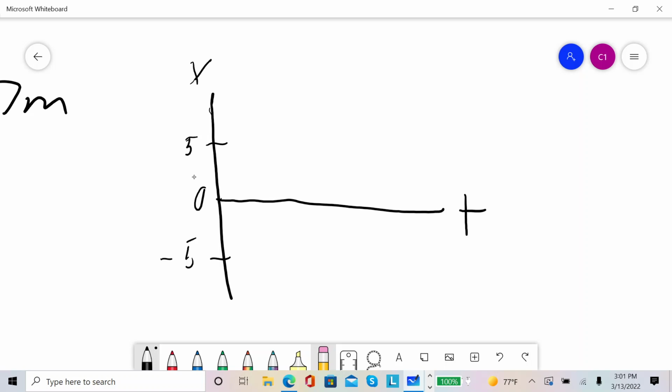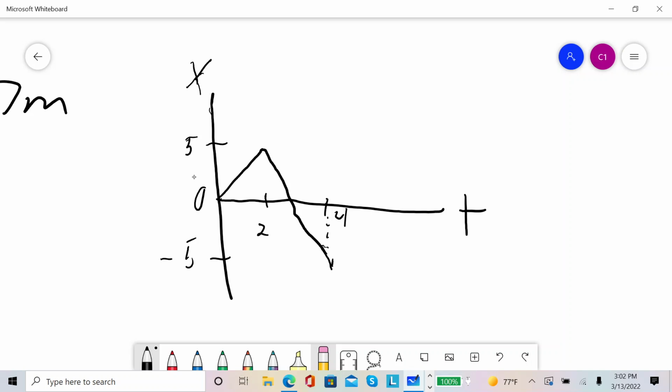Bear in mind my bad drawing, but assume all of these are straight lines. They don't have curves or anything like that. Let's say this is 1, that's 2, and this is 4. All right, so again, this is our position time graph.